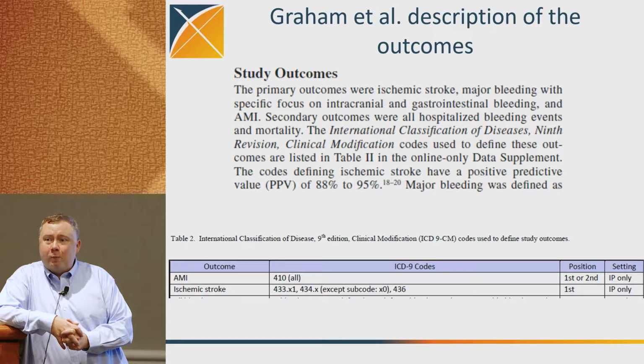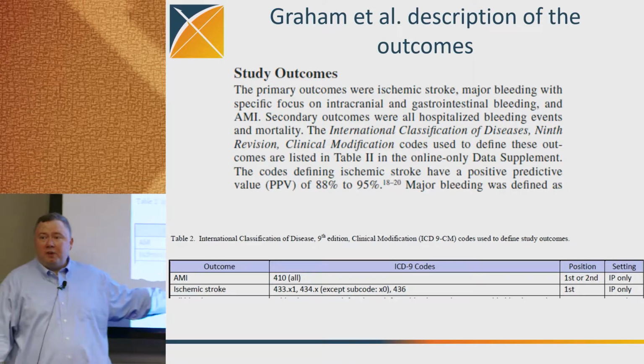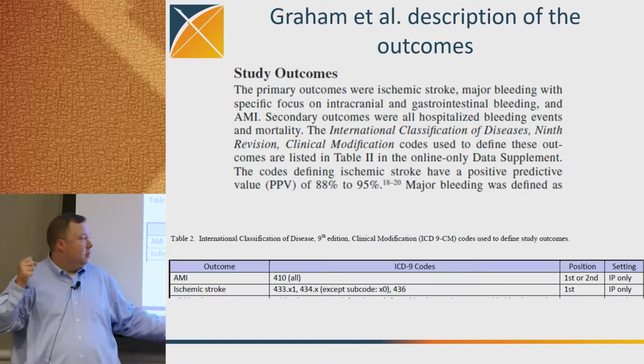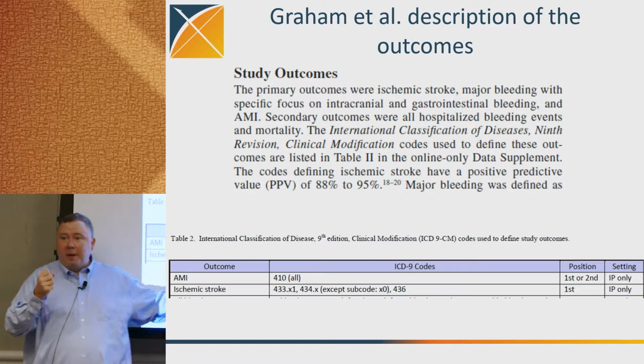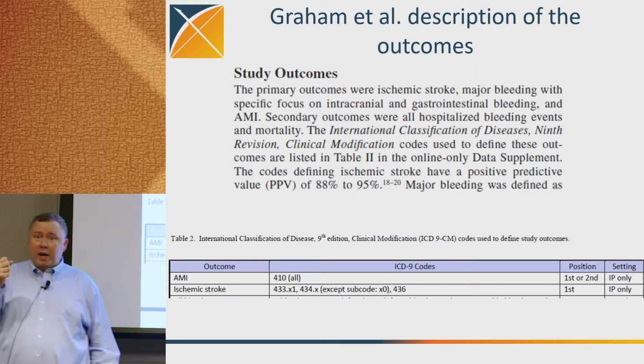So the first time we observe one of these codes. I've got this list of codes, so I'm going to look in the data and find the first date that one of these codes happens. So that could be our cohort entry, okay?